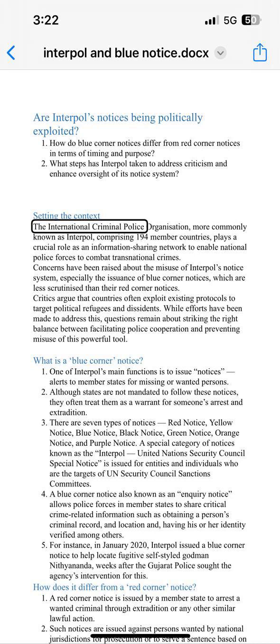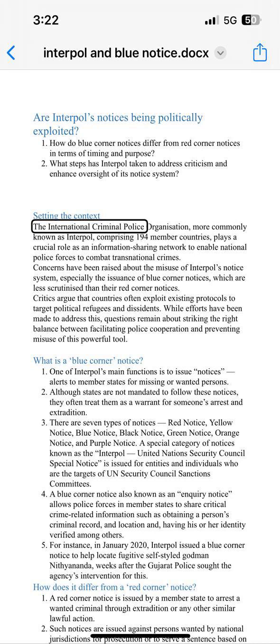Arrest warrants would have already been issued, and even the persons would have been convicted under the law of the land. So what you need to remember: the red color notice is confirming the offense and tracing the person for prosecution or conviction. Now the point is, are these two color notices the only ones with the Interpol?